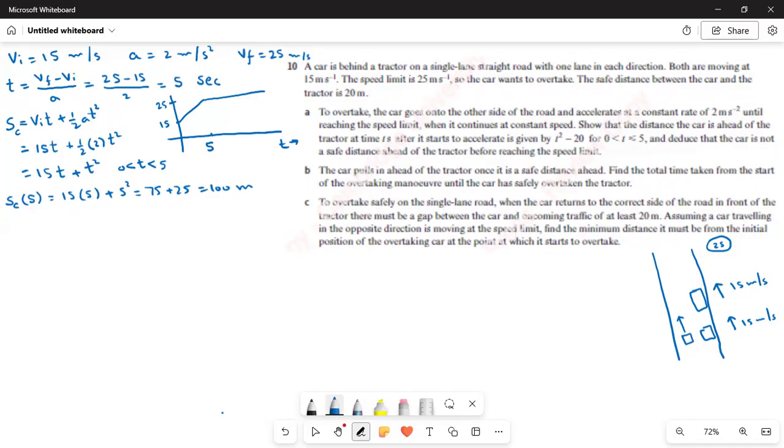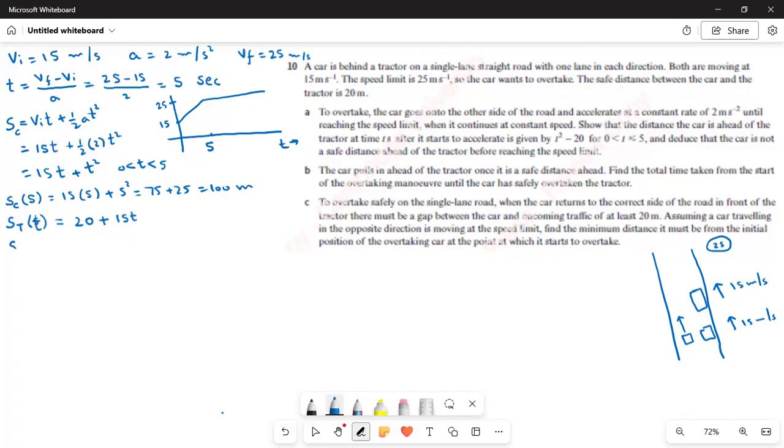Now, what is the position of the tractor after 5 seconds? Okay, remember it was 20 meter ahead of the car already. Plus now its speed is 15 meter per second, so 15t, right? Sorry, this is a function of time.